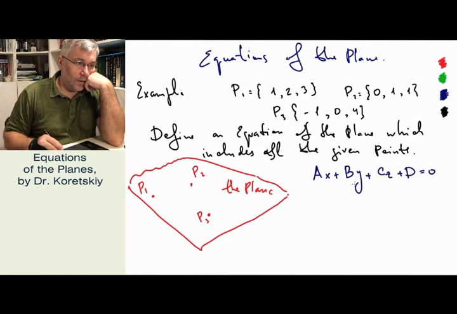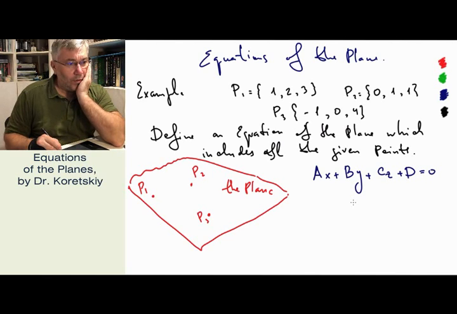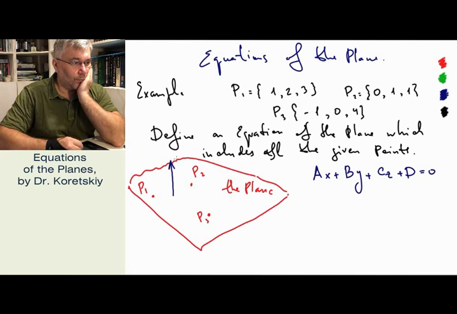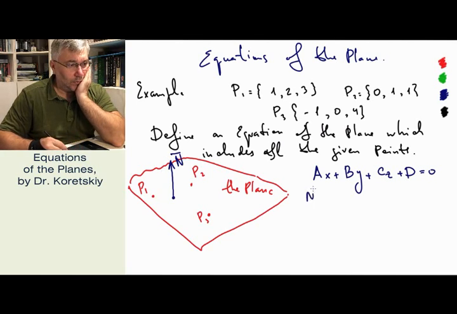A, B, C are components of the vector n, which is perpendicular to this plane.